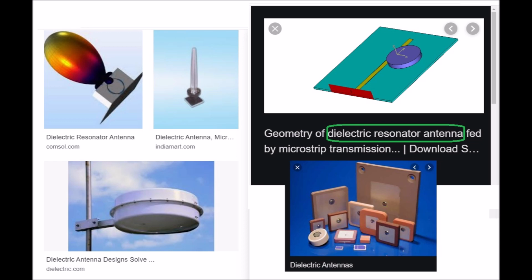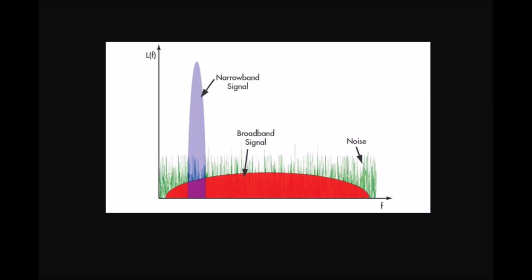The fields produced extend outside a dielectric guide. These outward fields excite the desired radiation in space. Such traveling wave antennas are useful for broadband signals.